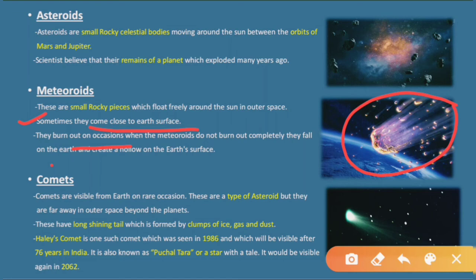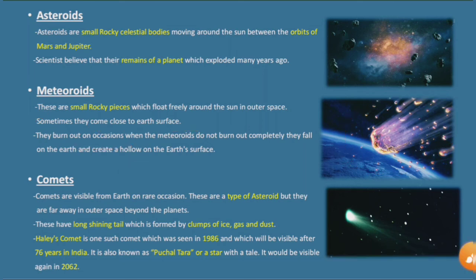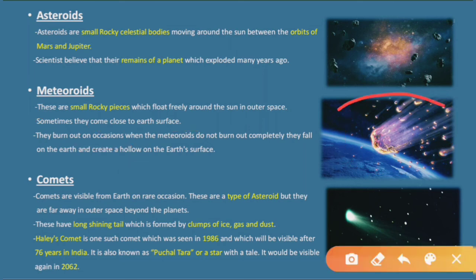When the meteoroids do not burn out completely, they fall on the earth and create a hollow on the earth's surface. Like you can see in the picture, these meteoroids are burning. And when the meteoroids do not burn, what happens? They fall on the earth and they create a hollow, means a hole or एक गड्ढा जैसा create कर देना.